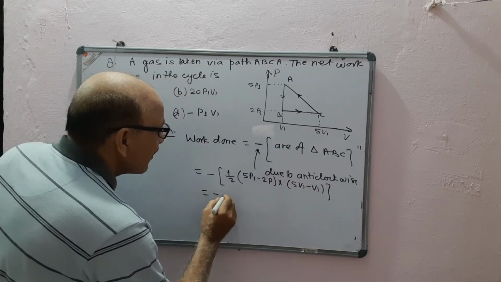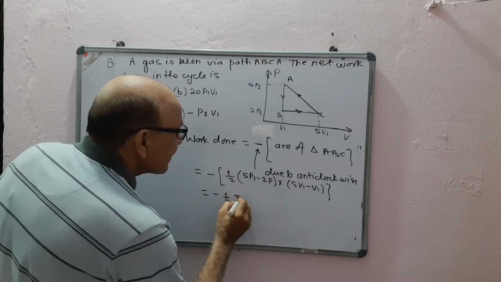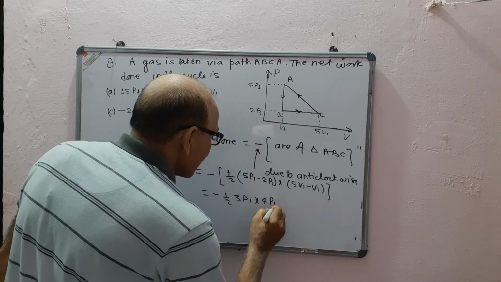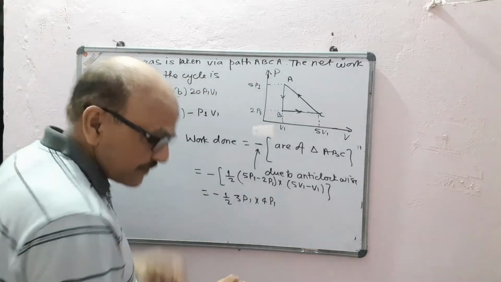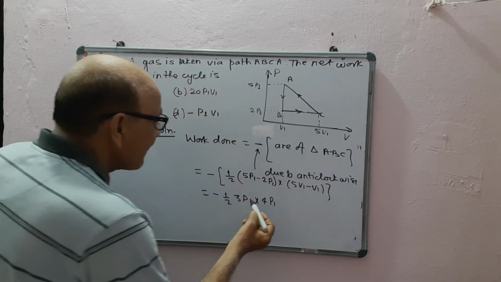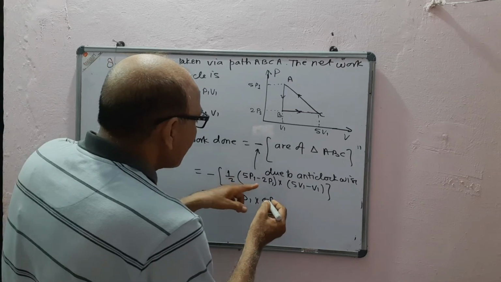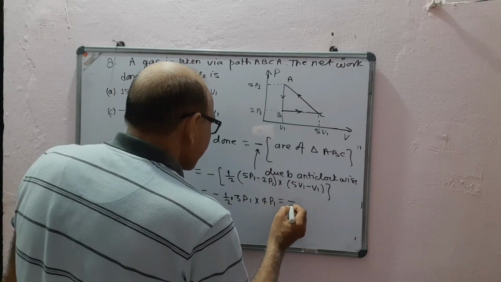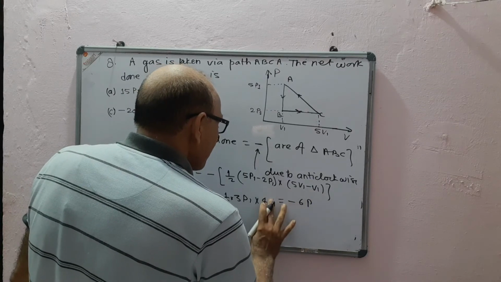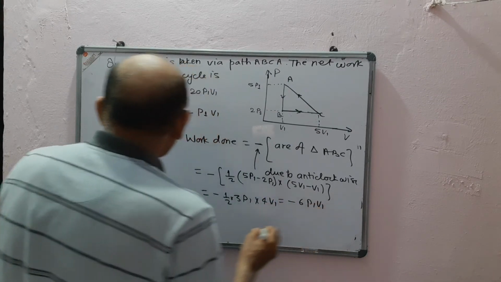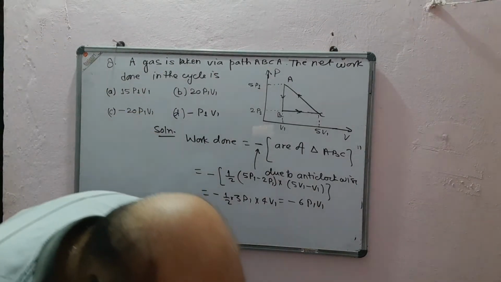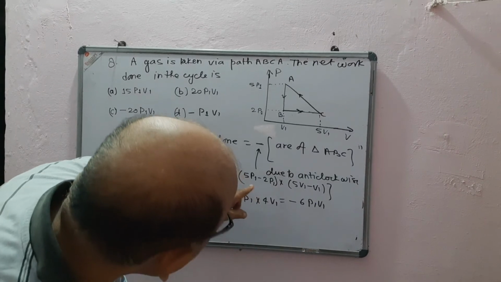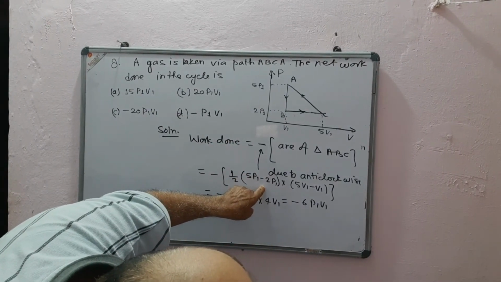Here it is minus 1 by 2 into 3p1 into 4v1.